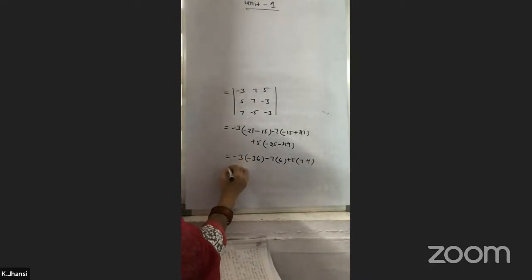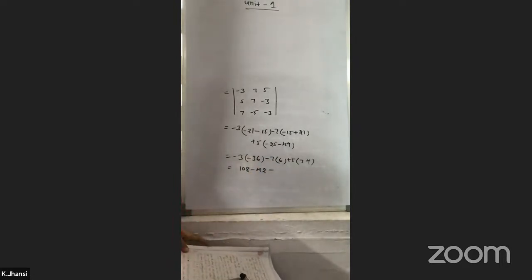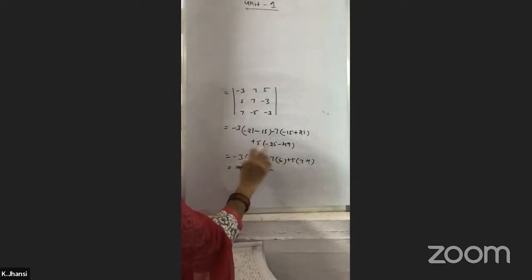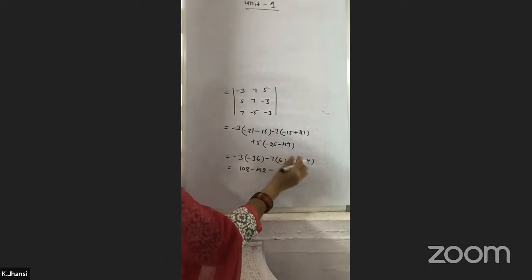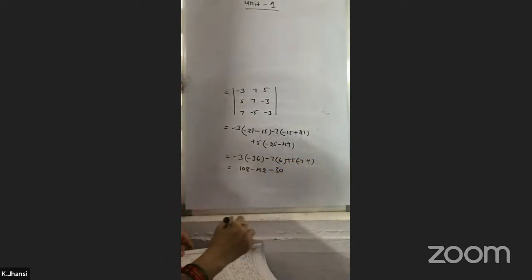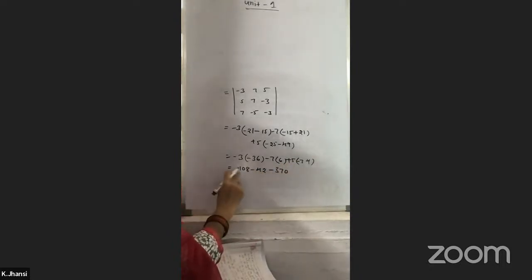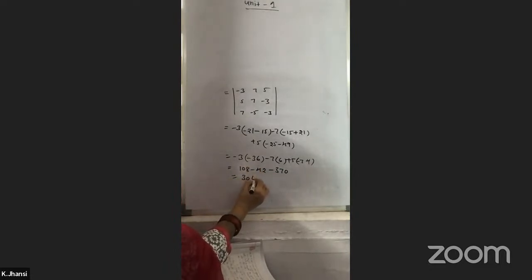So this is 108 minus 42, and this is minus 370. If you do the addition and subtraction, you will get it as 304.